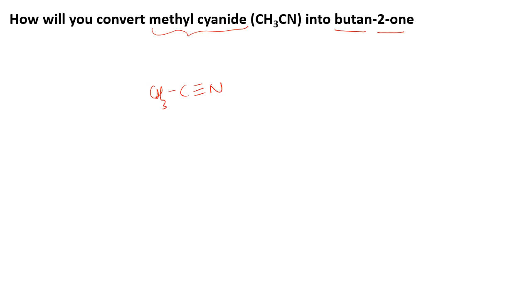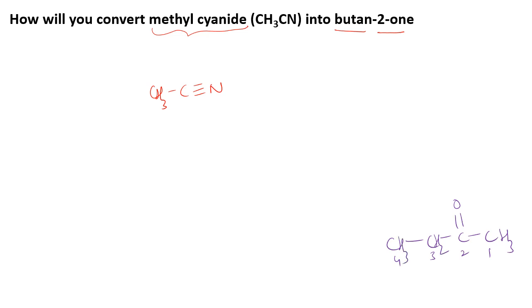So I am writing the structure of butan-2-one. I need how many carbons? Butane, 4 carbons: 1, 2, 3, 4. CH3, 1, 2, 3, 4. And on the second carbon I am putting the ketone group, that is C double bond O, the carbonyl group. I will balance the hydrogen: CH3, CH2, CH3.